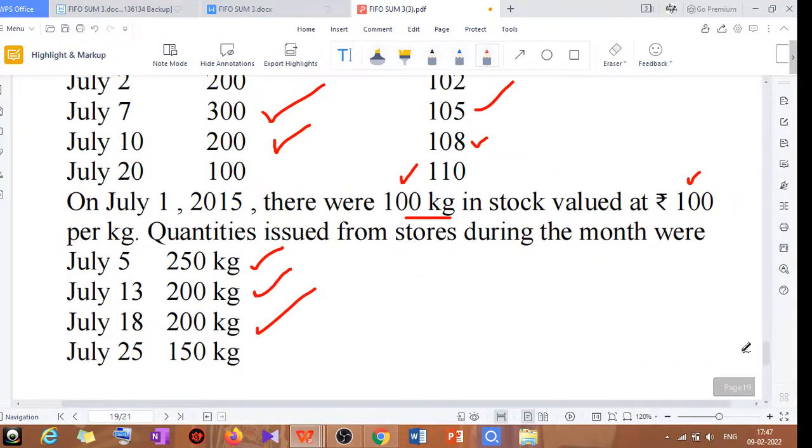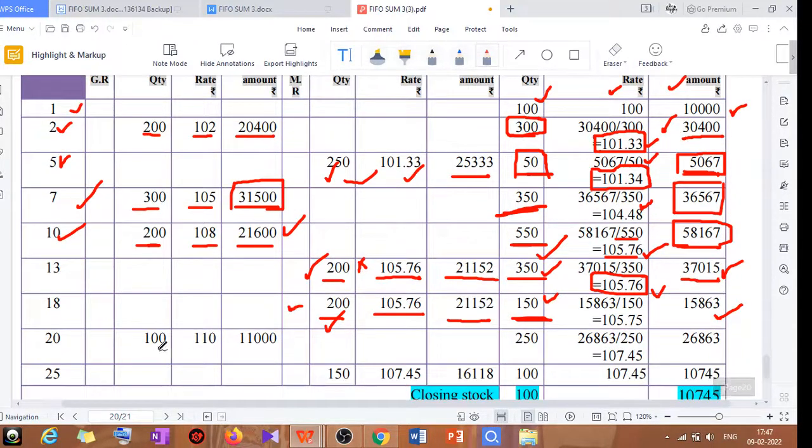Next transaction on 20th, we have purchased 100 units at the rate of rupees 110. So write it under receipt column 100 units. Rate is 110. It will be 11,000. Now what about the balance? I hope you understood till here. So you can tell now what is the balance. How to get? 150 plus 100. It will be 250.